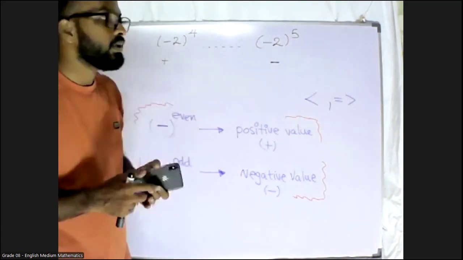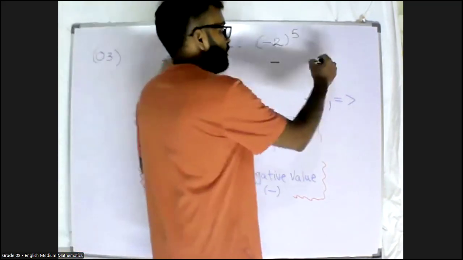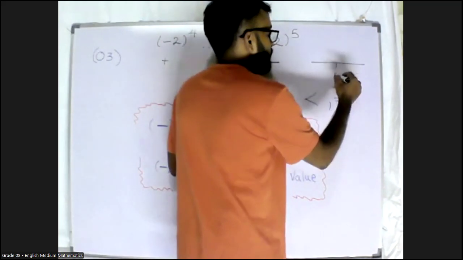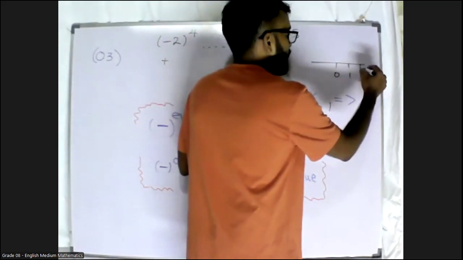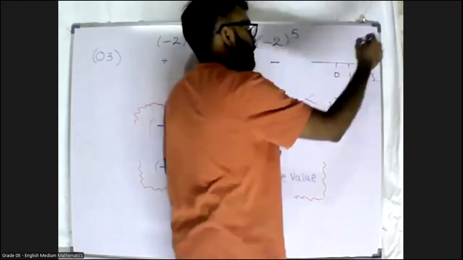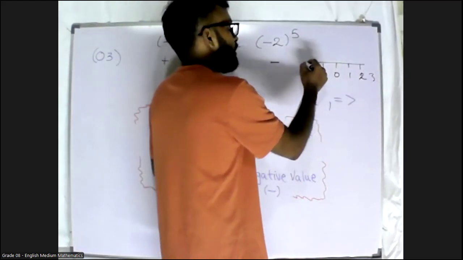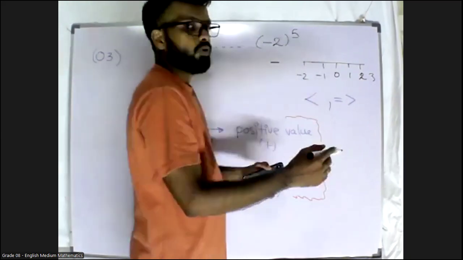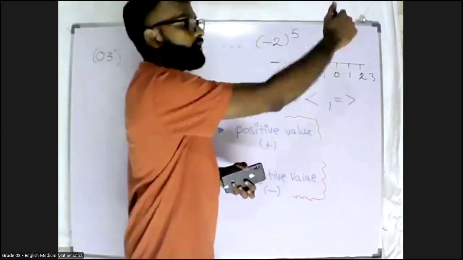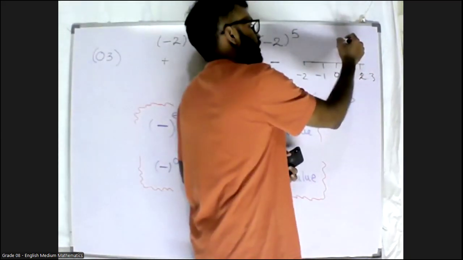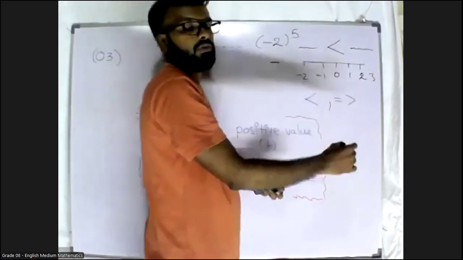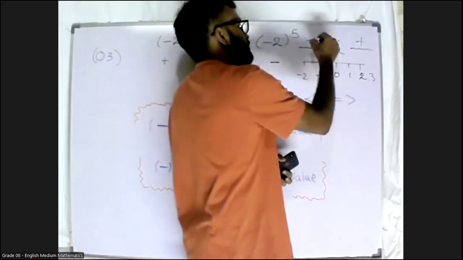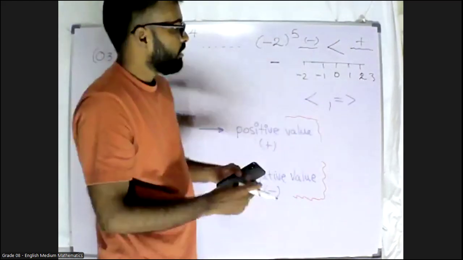If you can remember the number line, here you have 0, and from here 1, and here 2, 3, and so on. Here -1, and here -2. So from your right hand side, these values are greater than the negative values. These are positive values. These are negative values.